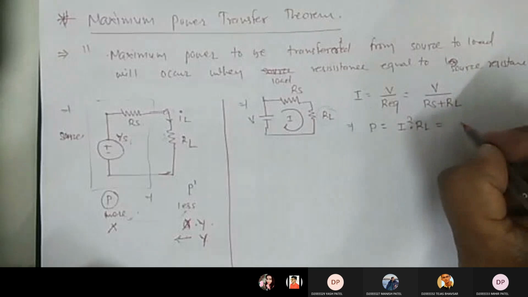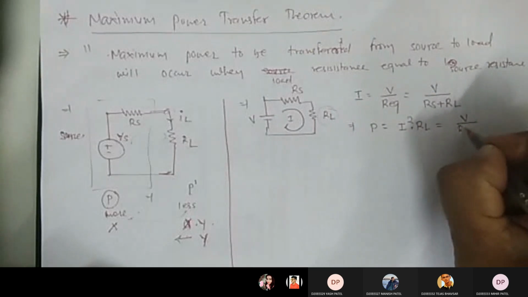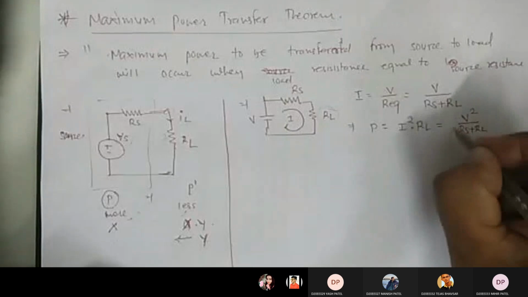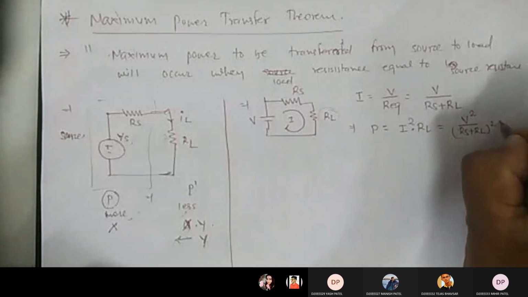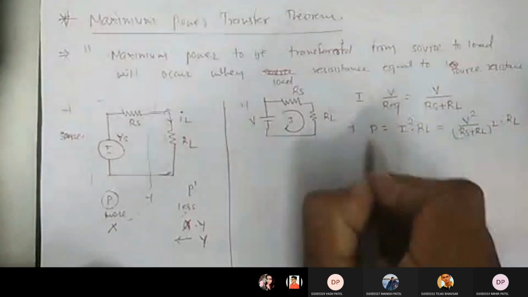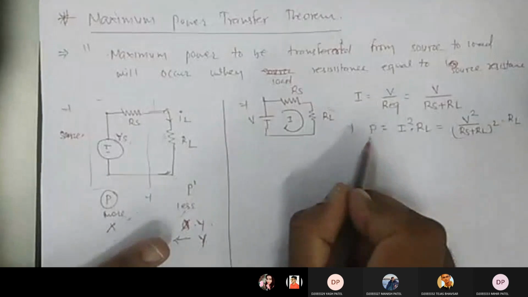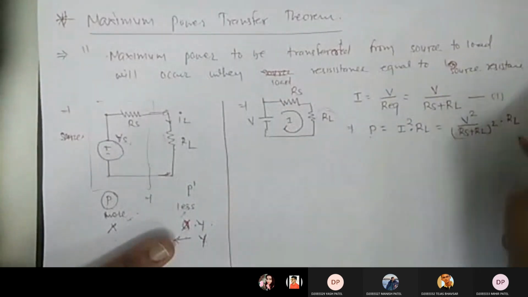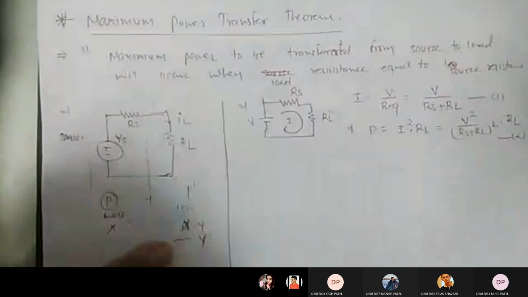What is the value of I we are getting? V upon RS plus RL. So this is V square upon (RS plus RL) whole square into RL. We want maximum power. So power equation we have written; this will be your equation number 1, and this will be your equation number 2.